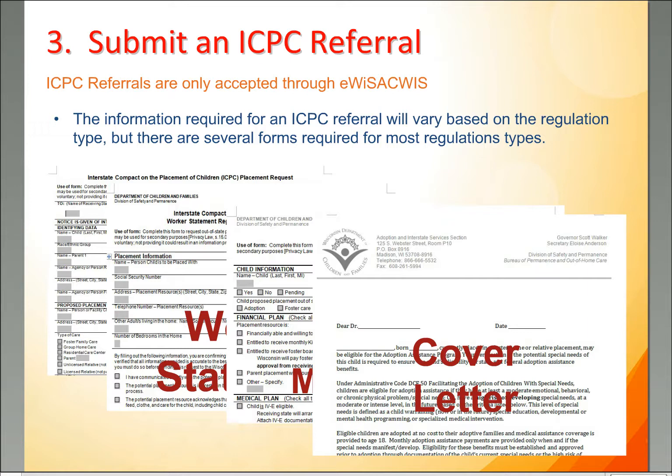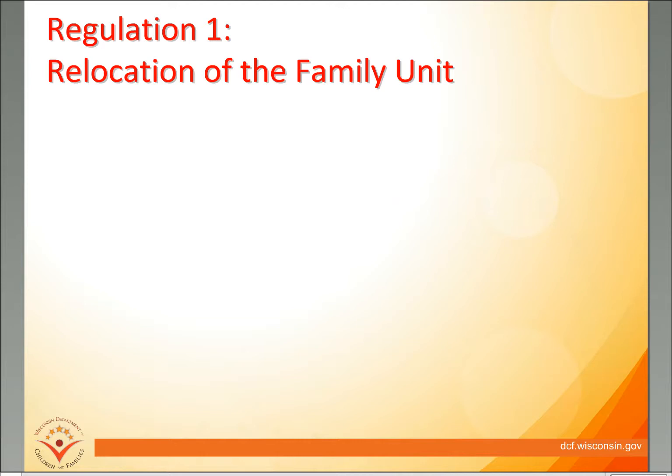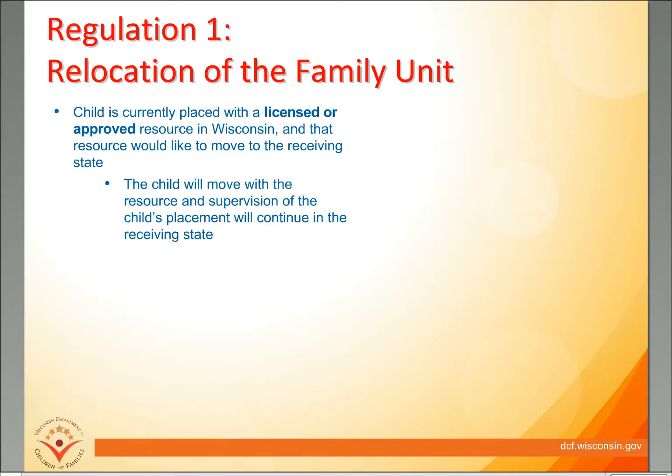There are additional documentation requirements for each regulation type, so let's review each type in more depth. First, Regulation 1. This regulation applies when the child is currently placed with a licensed or approved resource in Wisconsin, and that resource would like to move to the receiving state, and supervision of the child's placement will continue in the receiving state.